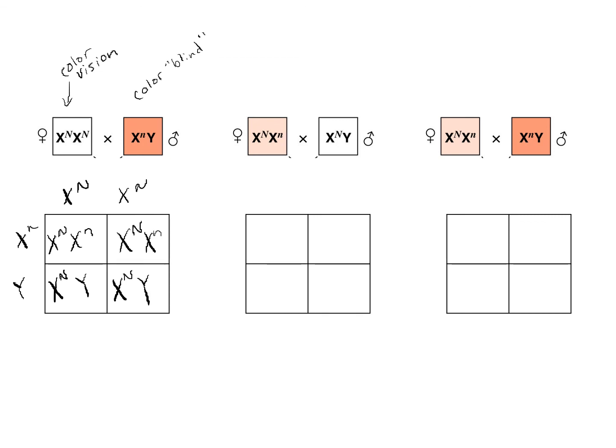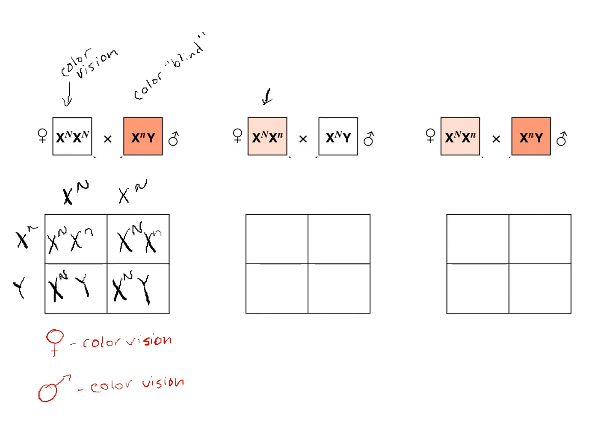Okay, so in this first example where we have a woman with normal color vision who has children with a colorblind male, we would end up with female daughters who have color vision and male sons who also have color vision. So everything's fine there. Let's do the next example.